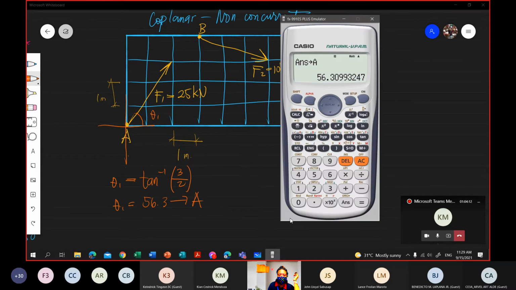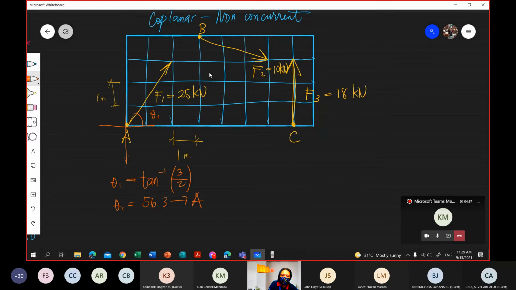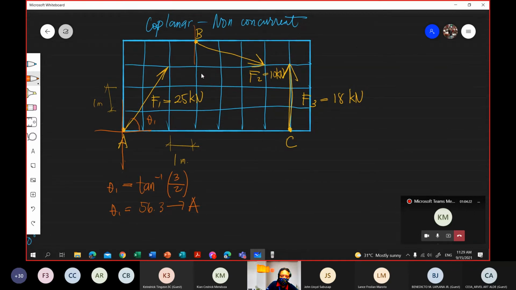After that, we solve for the other angles too. For F2, with the X and Y axes, let's name the angle theta 2.